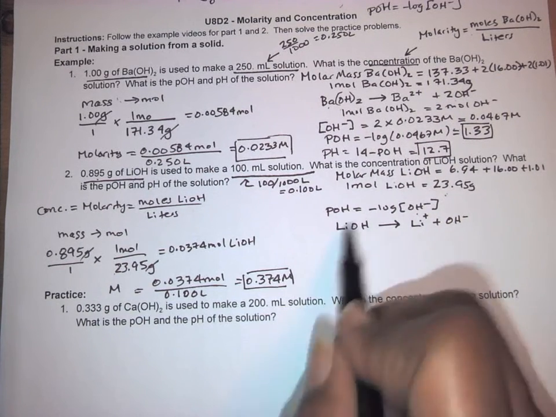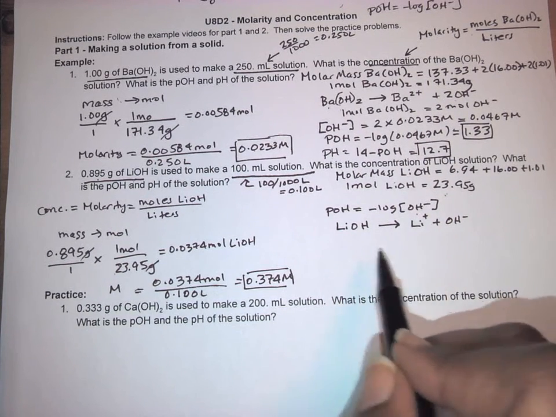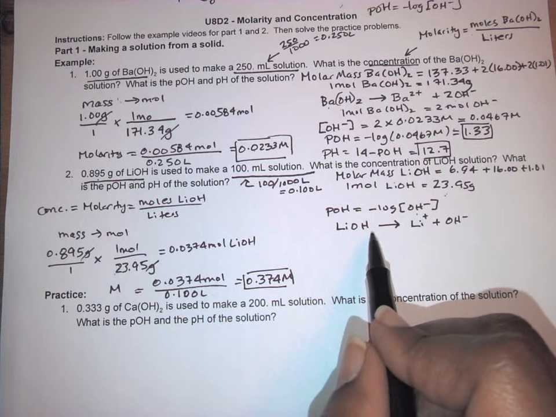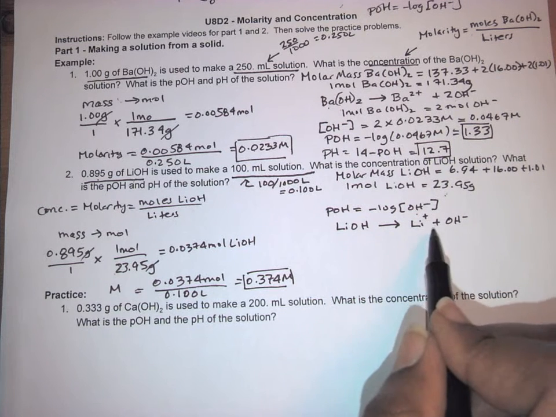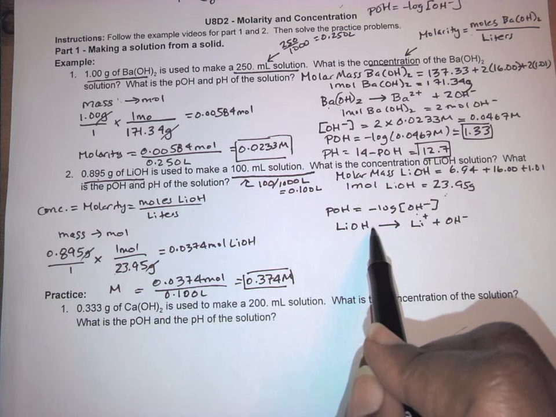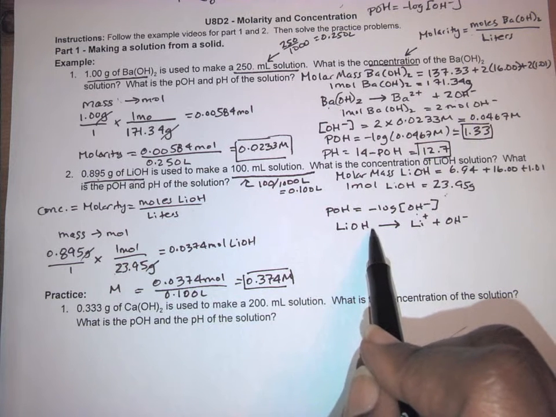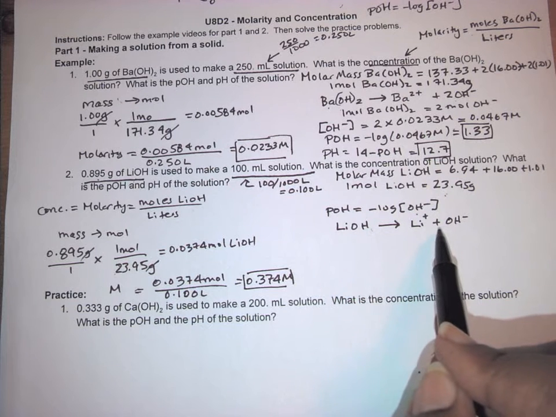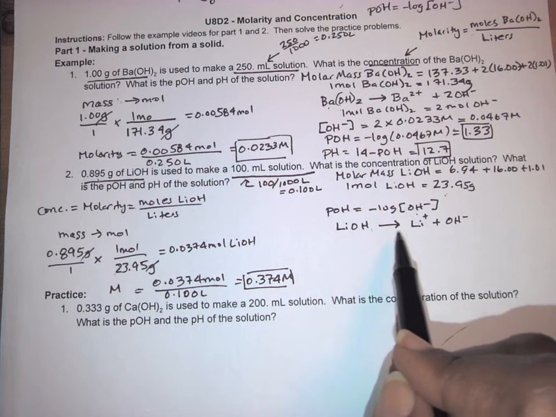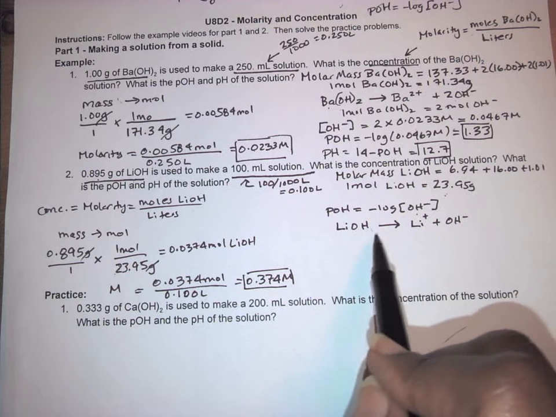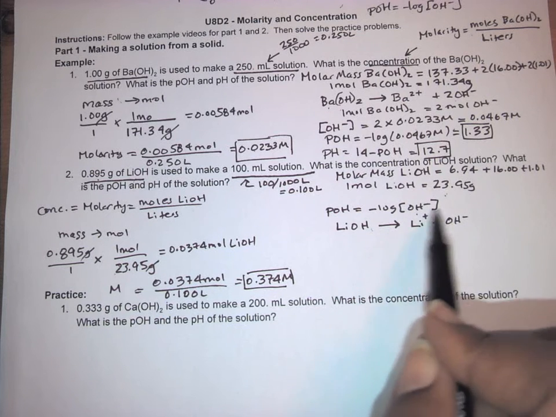So do you actually have to write out this balanced chemical equation? No, I'm just showing the ionization equation for you so that you can see it. But what you really want to look for is how many hydroxides are there. And remember, this process only works when it's a strong base, because when it's a strong base, it completely breaks apart into its ions. If it's a weak base, they're in what's called equilibrium, so not all of it will break apart.